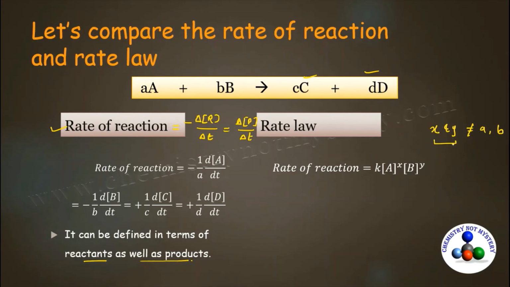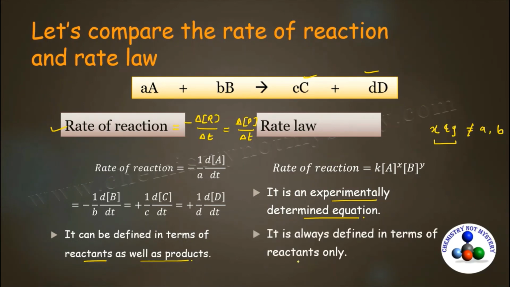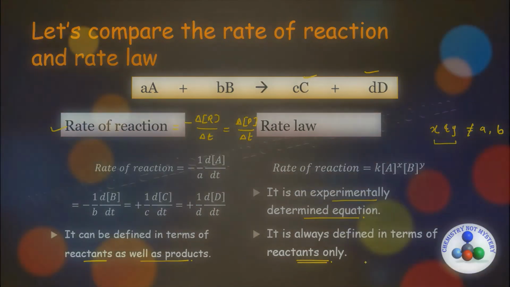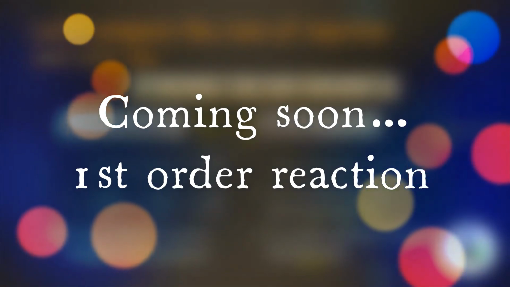As x and y are experimentally determined quantities, rate law is also an experimentally determined equation. And rate law is expressed in terms of reactants only. It can never be expressed in terms of products. I hope now you understand the difference between rate of reaction and rate law. In the next video, we are going to discuss first order reactions.